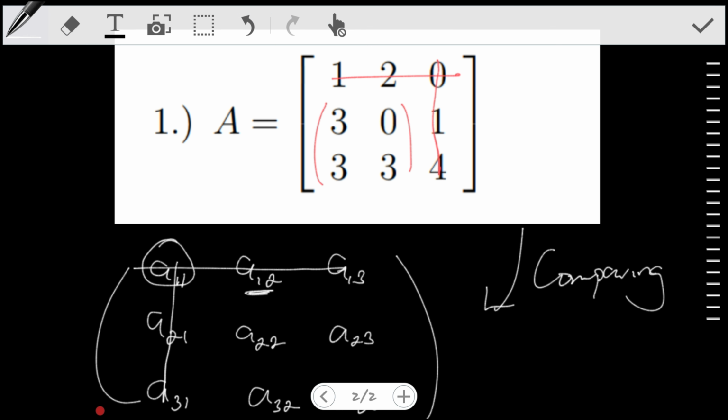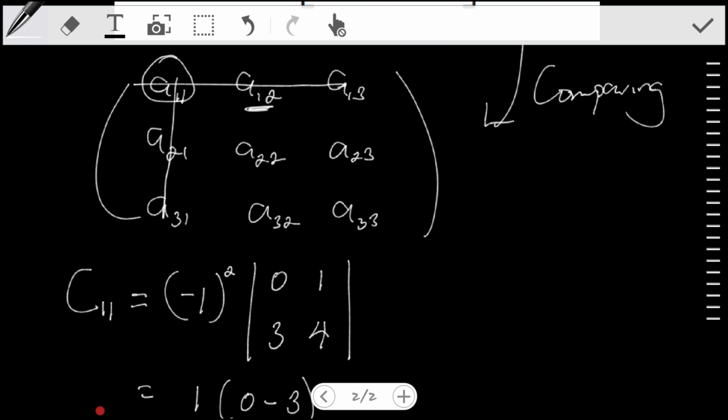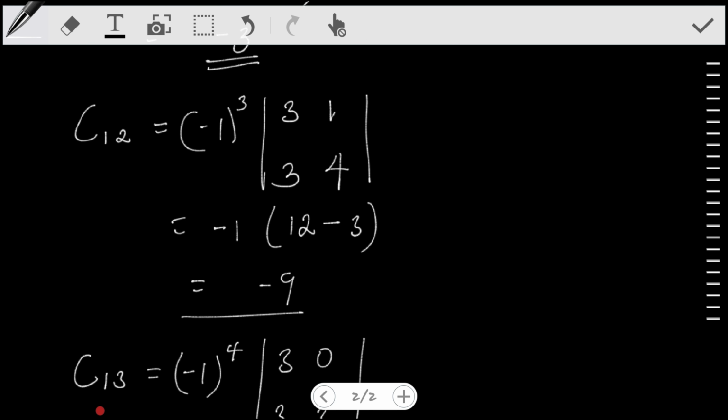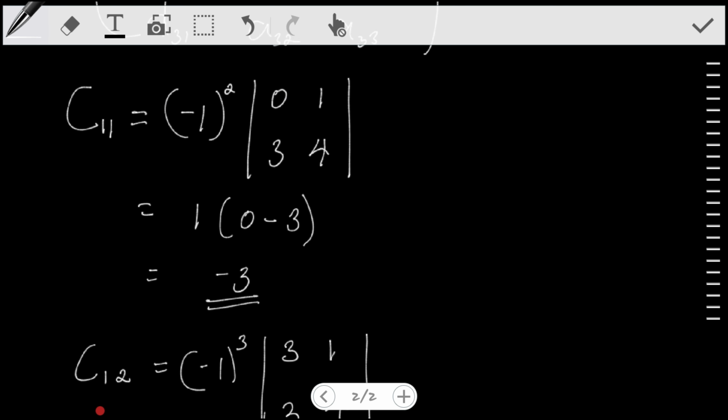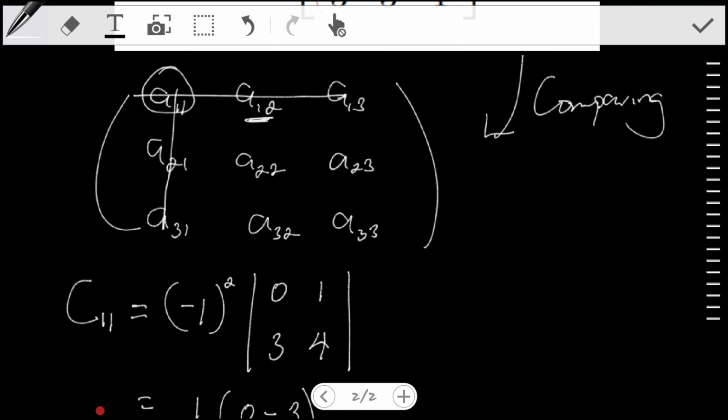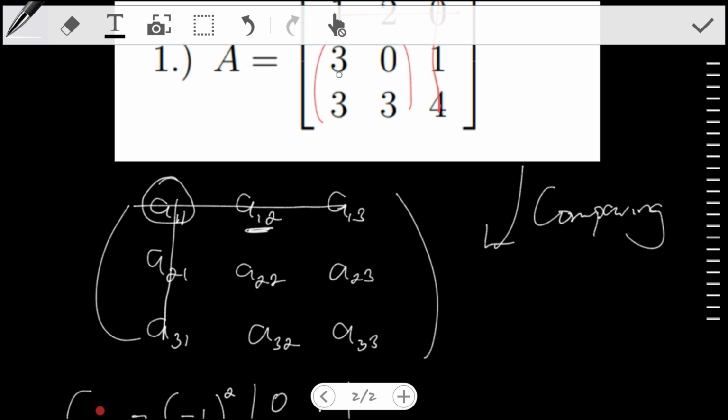So now let's go to 3. Let's get it from here. Now let's get the cofactor of this 3, right?